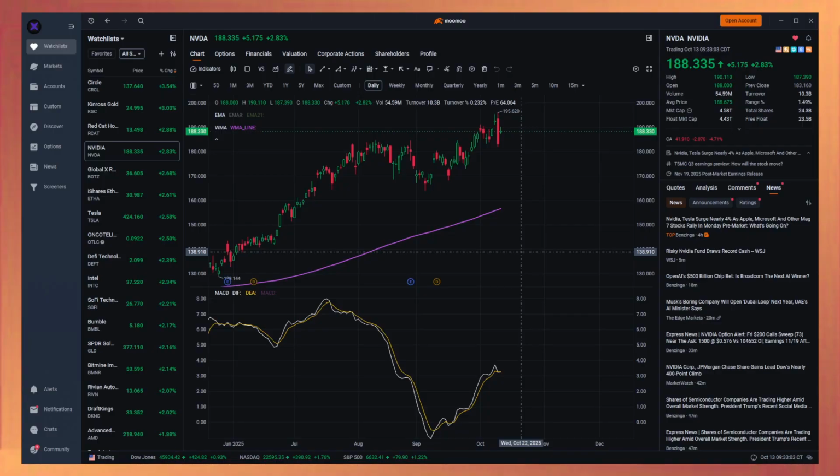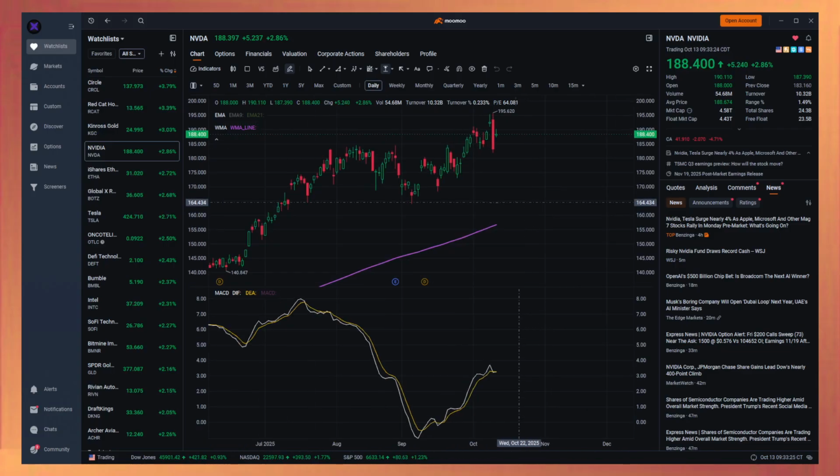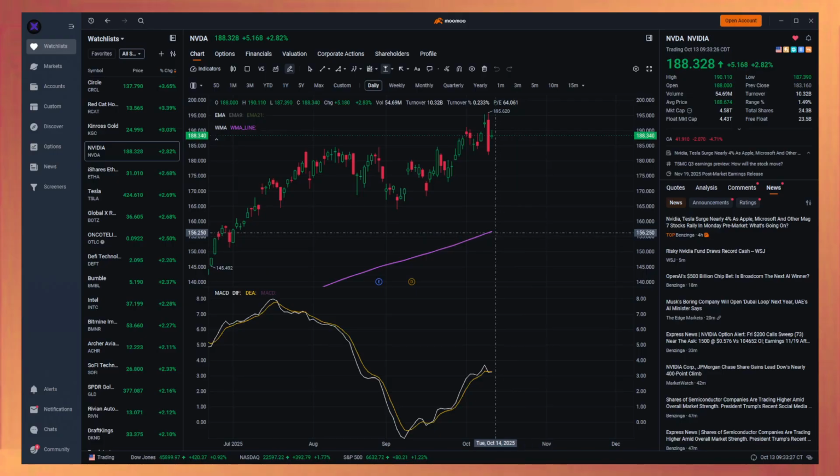Okay, and you're on the daily time frame. Now I want you to go to draw here, and grab this tool, the price range tool. And now the most important thing you're going to do is measure how far extended the stock price is from the purple line. You do that by going to the end of the purple line right here. That's the end of it, right?